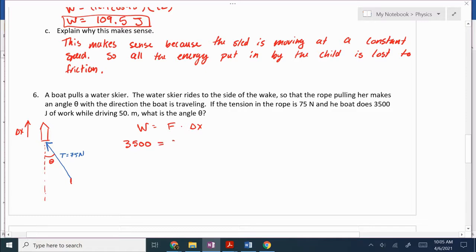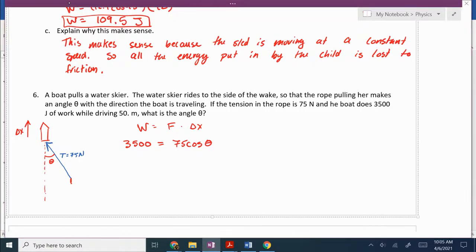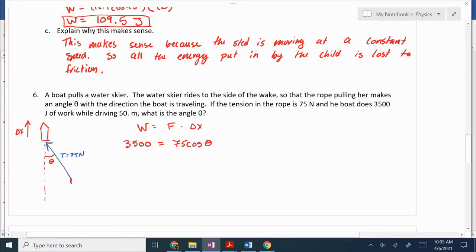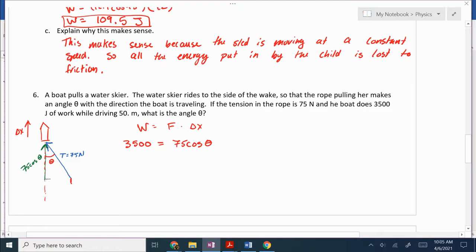The force is 75 cosine theta, because I want only that part, not the sine part, because the sine part is perpendicular to the direction of motion.